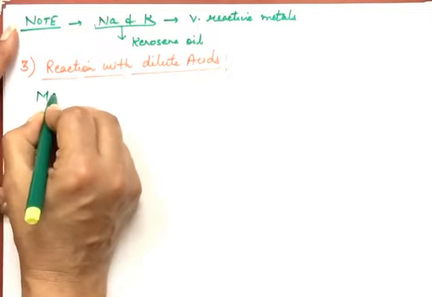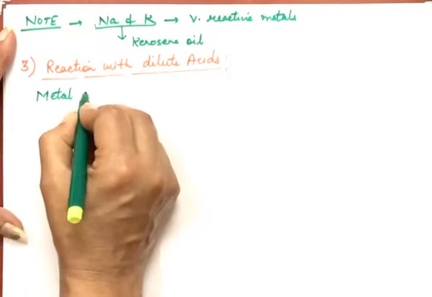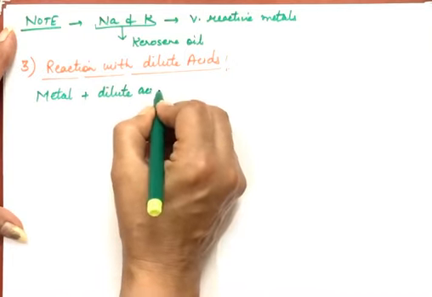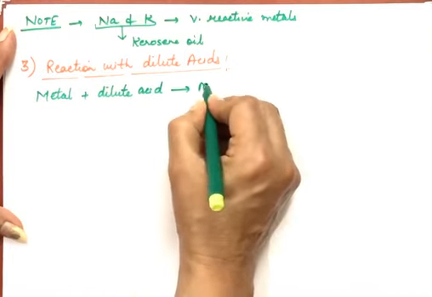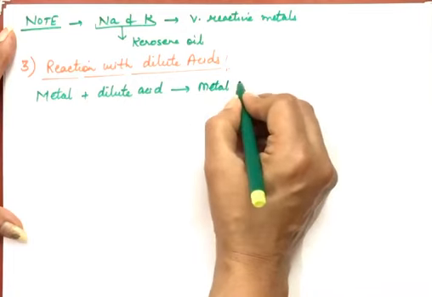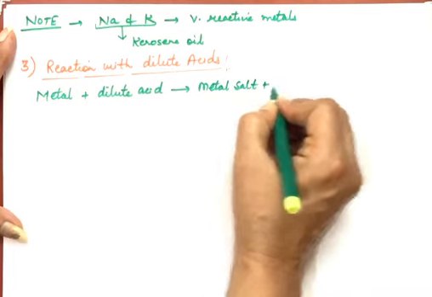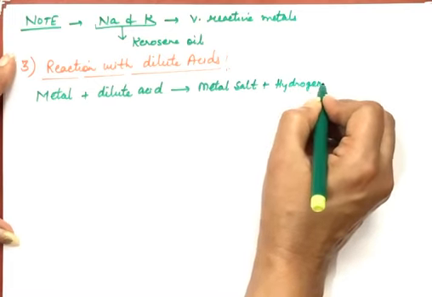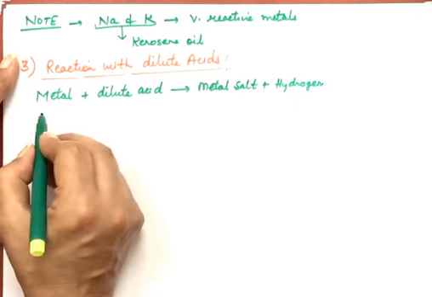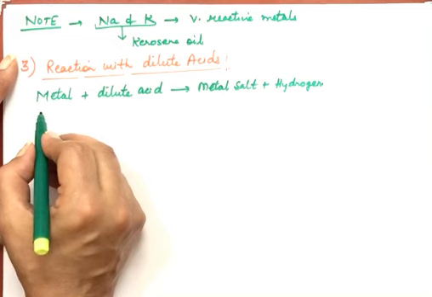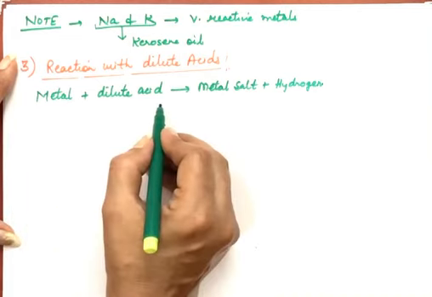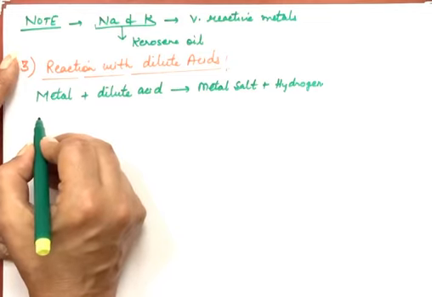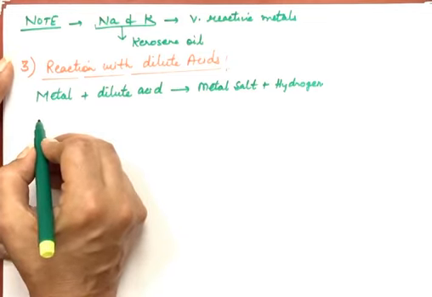Metals react with dilute acids and form salts with evolution of hydrogen gas. Some reactive metals, sodium, magnesium, aluminium, zinc, iron, react with dilute acids. But very less reactive metals like copper, silver, gold, platinum don't react with dilute acids.